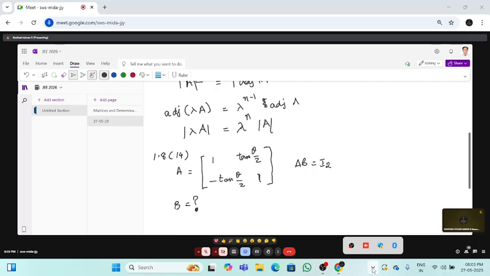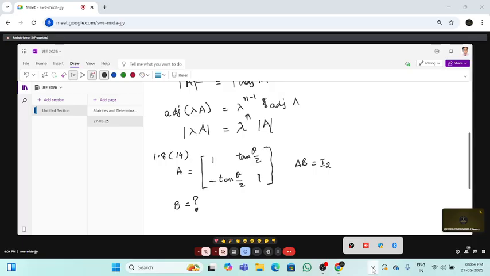So what can you say about B if it is given that AB equal to I and A is given? A into what will be I? Inverse. Because one way is, you can put A and then take B equal to A1, A2, B1, B2, and then solve AB.